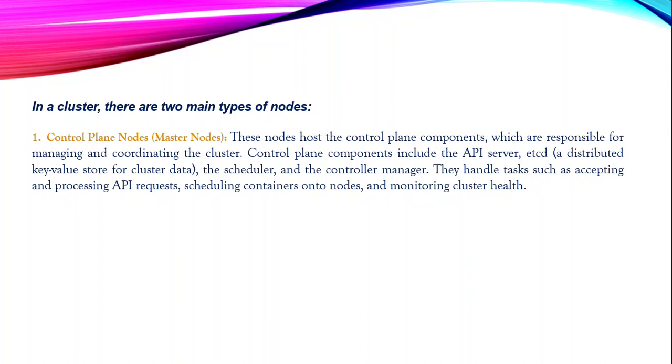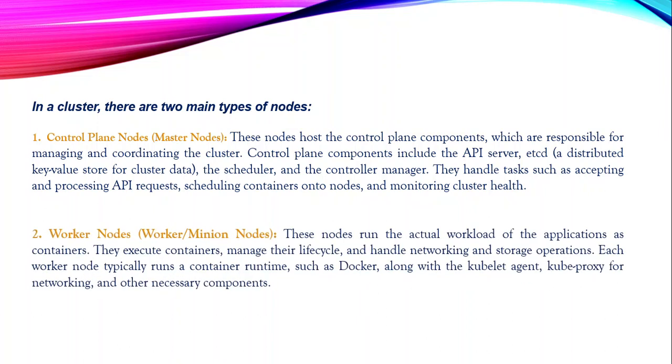Another component is the scheduler, and we also have the controller manager. All these components help to handle tasks such as accepting and processing API requests, scheduling containers onto nodes, and monitoring the cluster health.